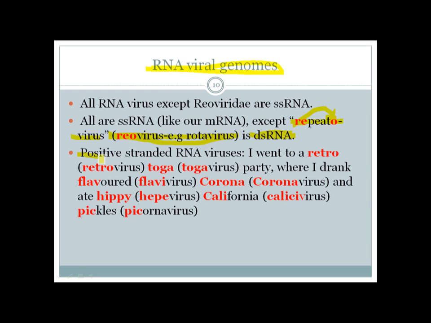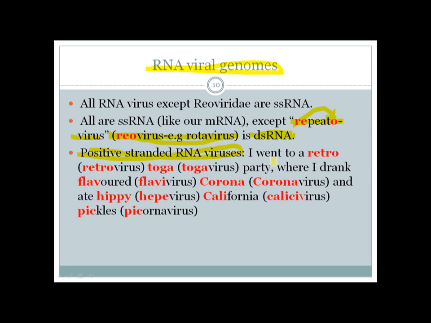There is a mnemonic for positive strand RNA viruses, and you have to consider a situation. Suppose you are in California and someone invited you to a party, a retro toga party, and after entering the party you are offered a Corona drink, and when you taste it, it's flavored. After drinking the flavored Corona, you also ate some pickles supposedly made by hippies who also lived in California.